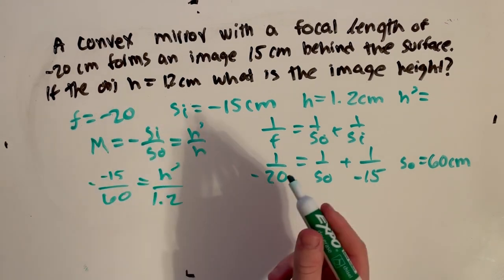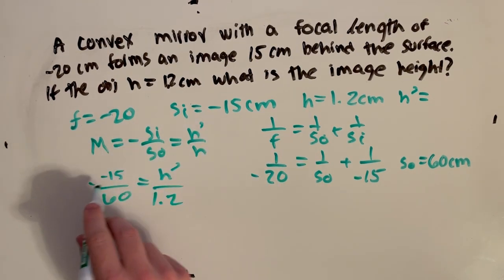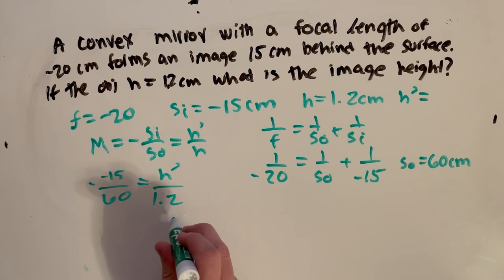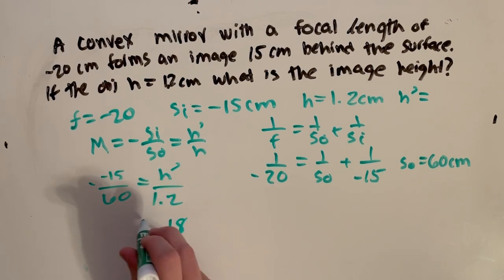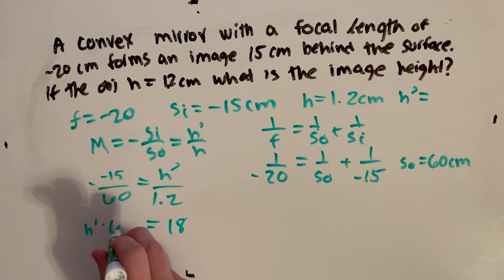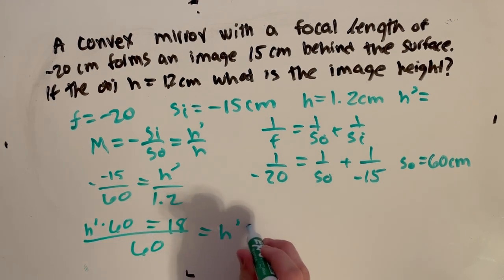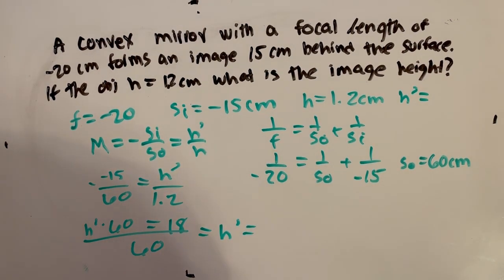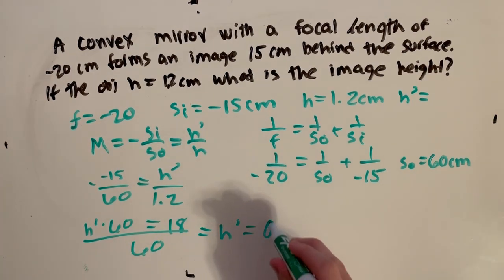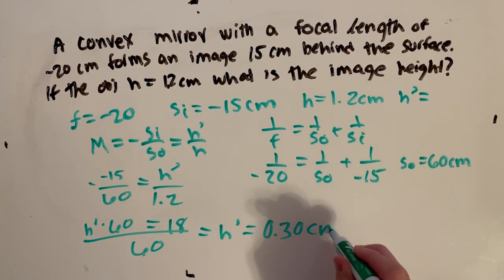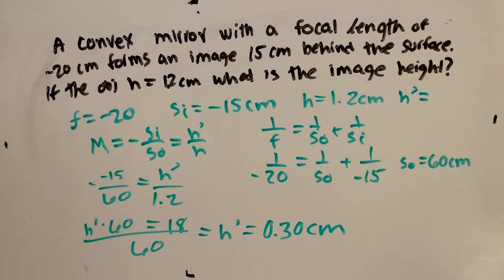A negative times a negative is 15, and we're going to cross multiply. So 15 times 1.2 is going to be 18, and it's going to equal h prime times 60, divided by 60, and we know h prime is going to equal 0.30 centimeters. So this is how we're going to solve a problem that's asking for the image height.